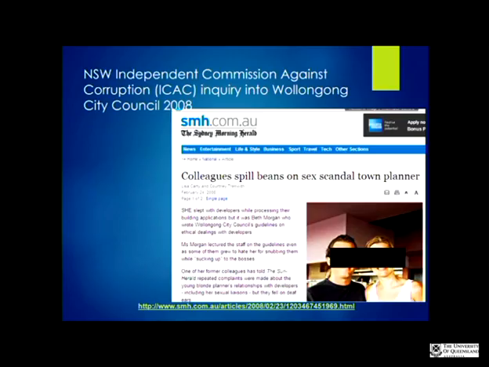She was assessing development applications, and while those development applications were being processed and assessed by her, she was sleeping with the various people that were submitting their applications.